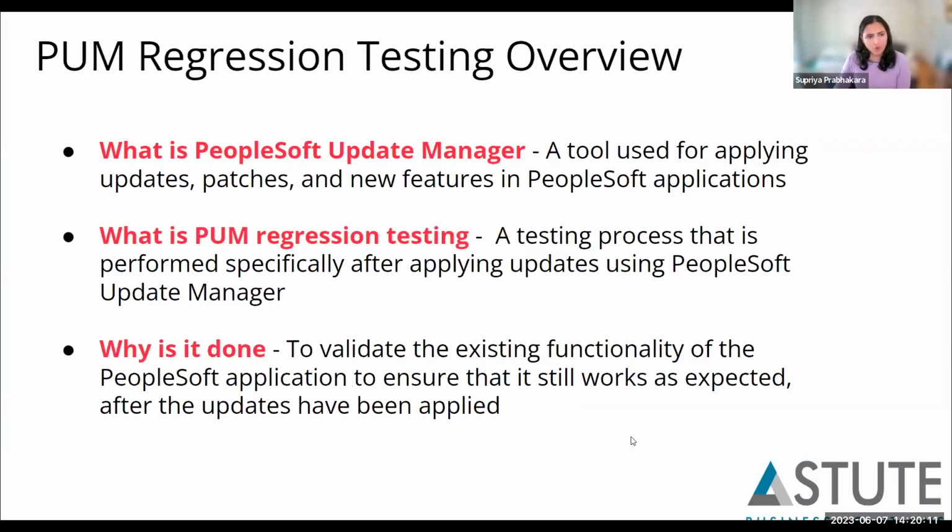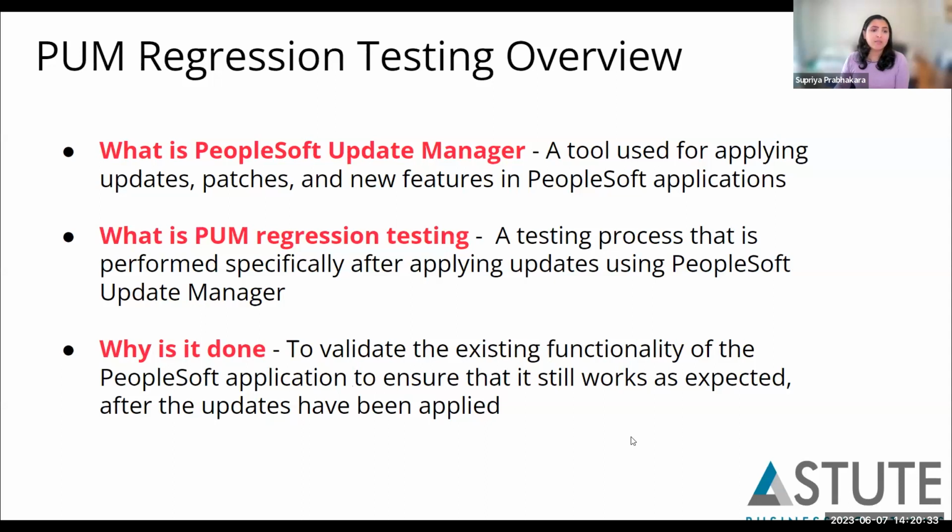Okay, now let's move on to what PUM regression testing is, and then understand the challenges it poses. What is PeopleSoft Update Manager, when we say PUM? That is a tool that is used for applying the updates, patches, and any new features and enhancements in the PeopleSoft application.